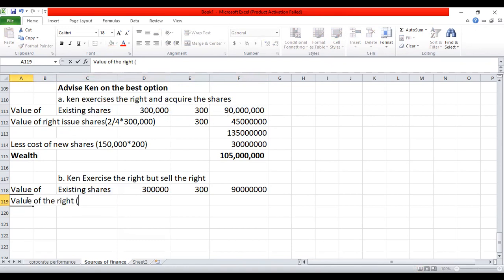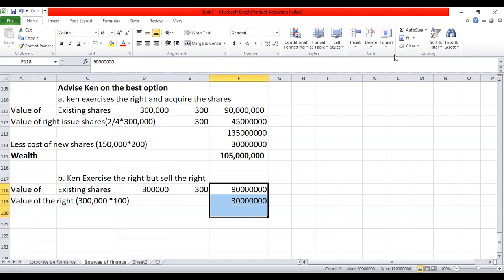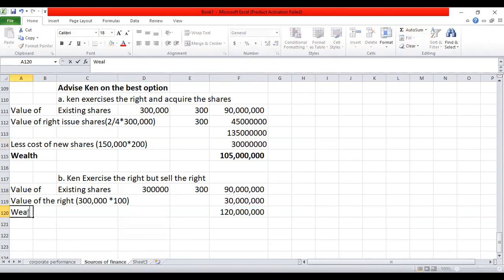He will have 300,000 rights, and each right is going to be valued at 100. 300 rights at 100. This is going to be the wealth.